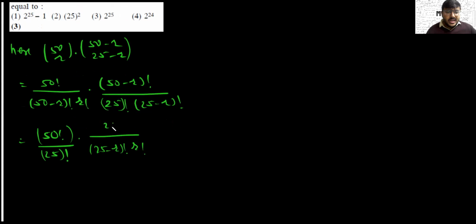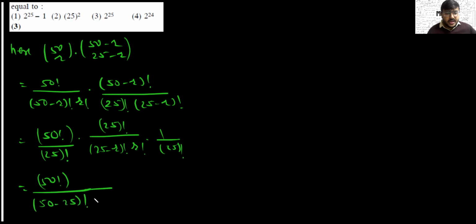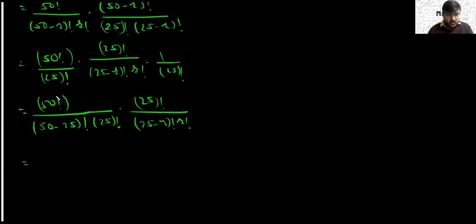If I multiply 25 factorial and divide by 25 factorial, and let me bring this 50 factorial upon this 25 factorial, I can write it as 50 minus 25 into 25 factorial into 25 factorial by 25 minus R into R factorial. So now you can easily say that this will be 50C25, and this will be 25CR. Am I right or not?